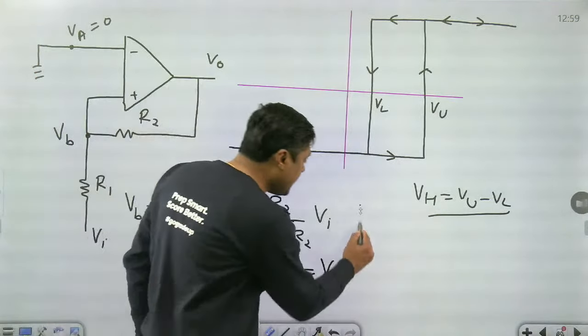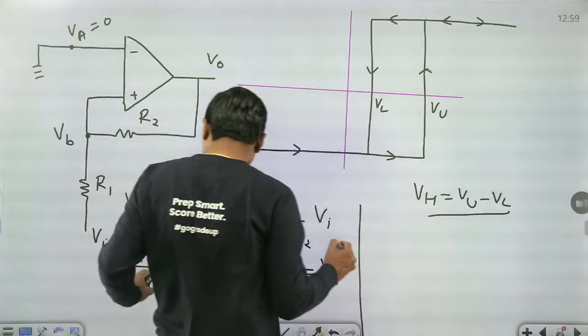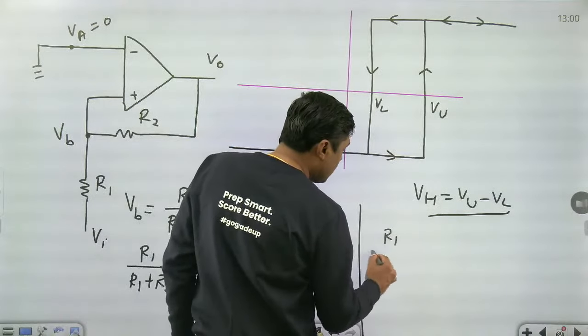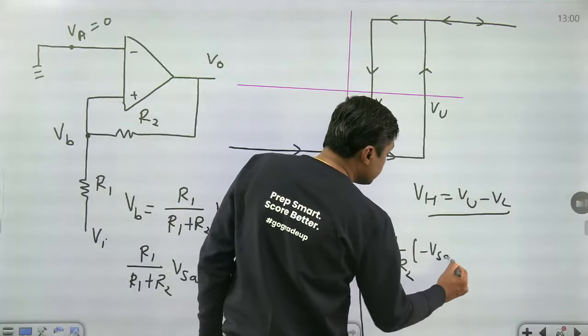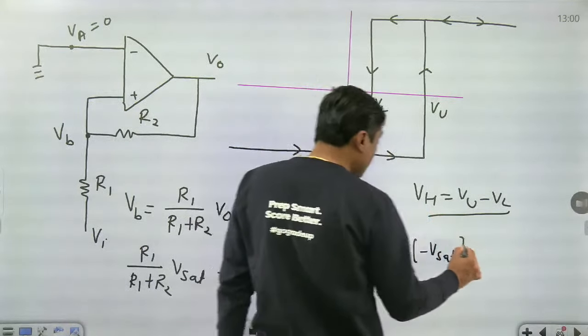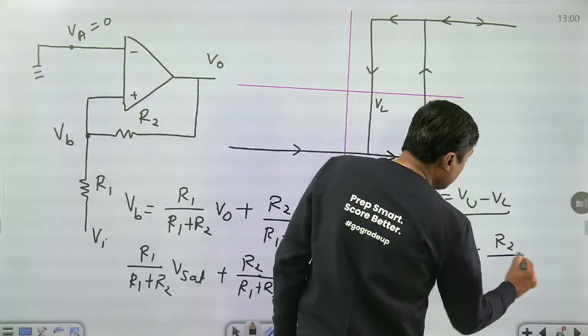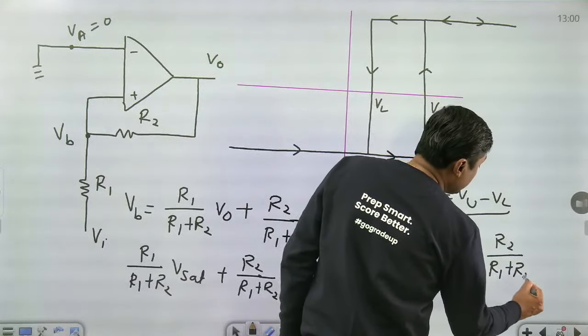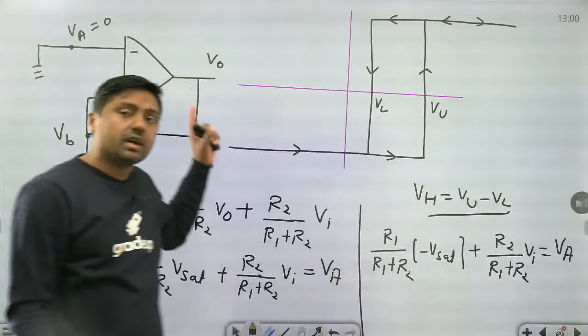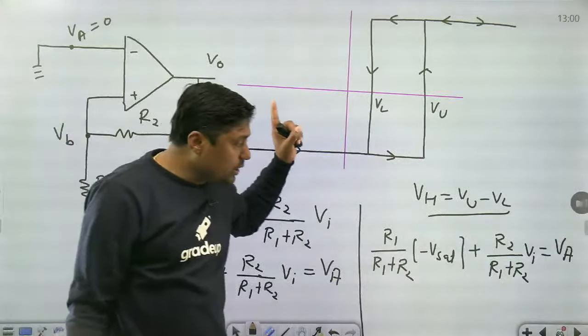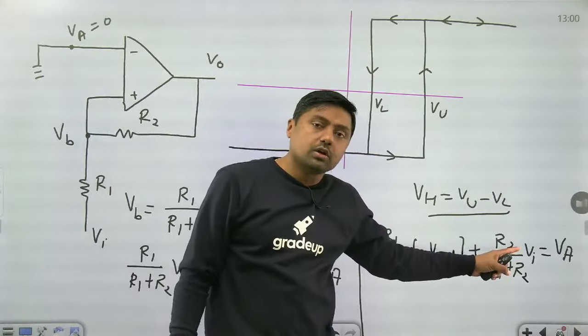In the second case, again use this formula: R1 upon R1 plus R2 into minus Vset, just I am giving you the most important formula, plus R2 divided by R1 plus R2 into the general form of Vi, equate it to VA. Again the VA is 0 and you will get the value of Vi.